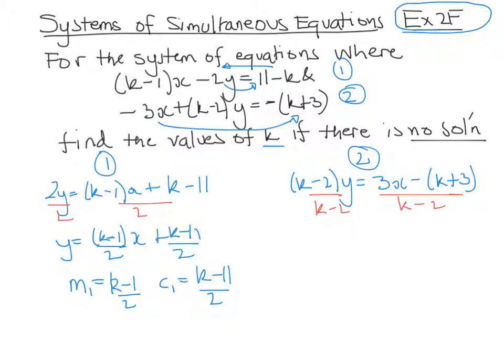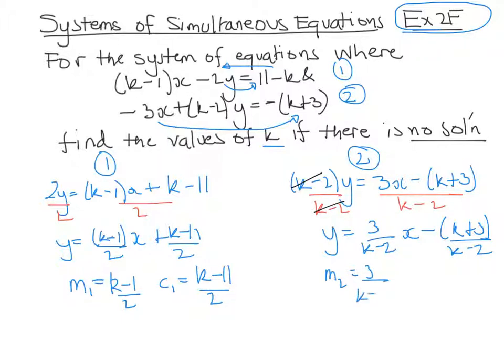That way the k's will cancel out and just leave me with y. So I'll have y is equal to 3 over k minus 2 x minus k plus 3 over k minus 2. So the gradient is equal to 3 over k minus 2, and the second y-intercept is minus k plus 3 over k minus 2.